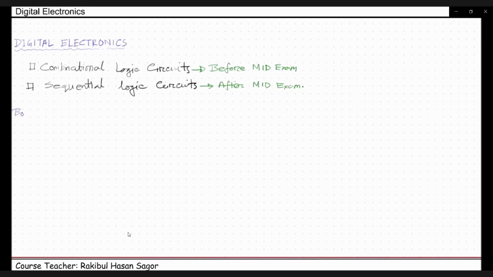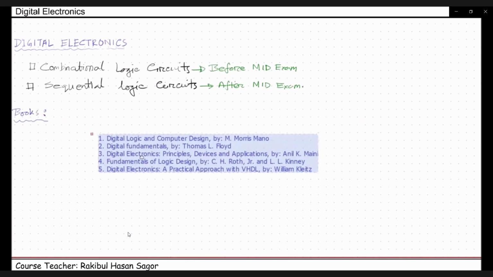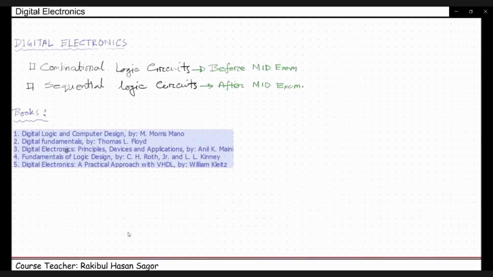Next, the books. The books that I'm going to follow to cover this course, these are the names of the books: Digital Logic and Computer Design by Maurice Mano.